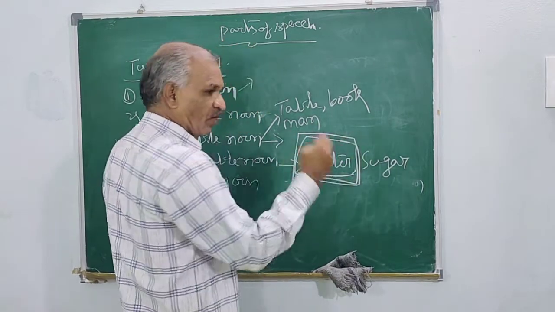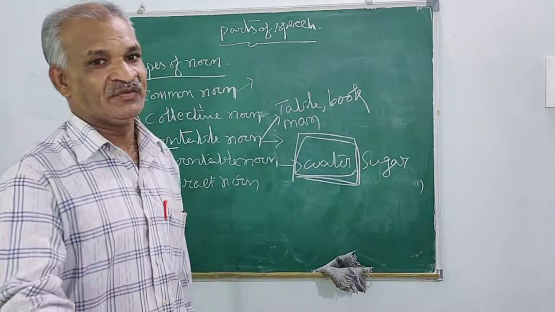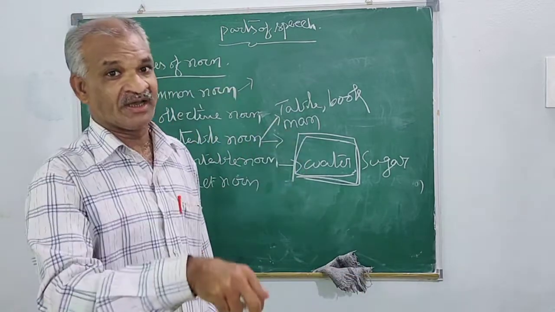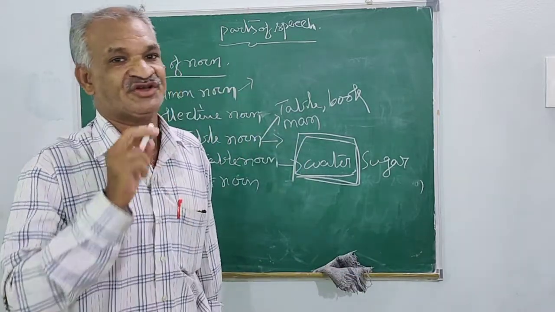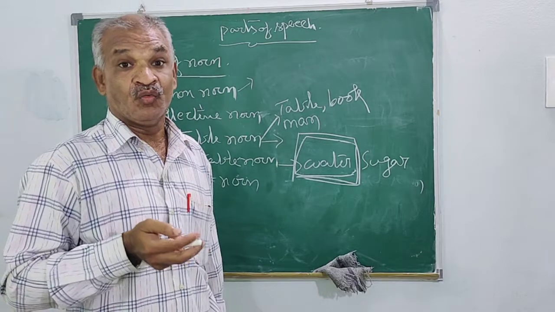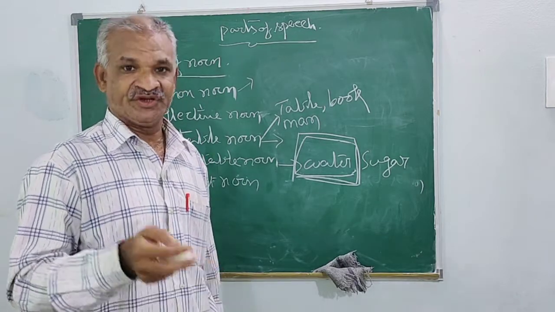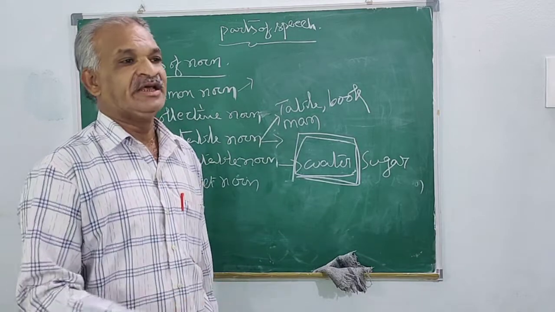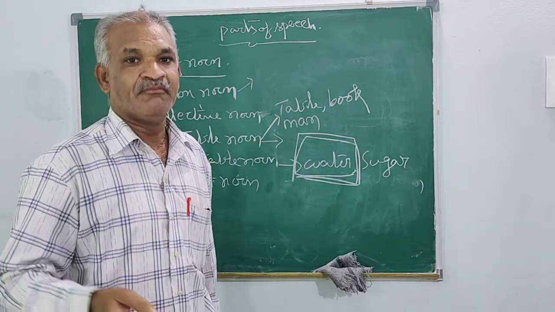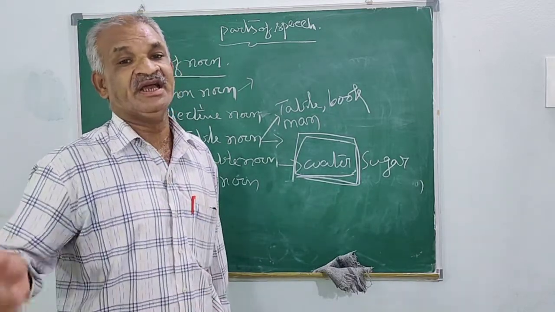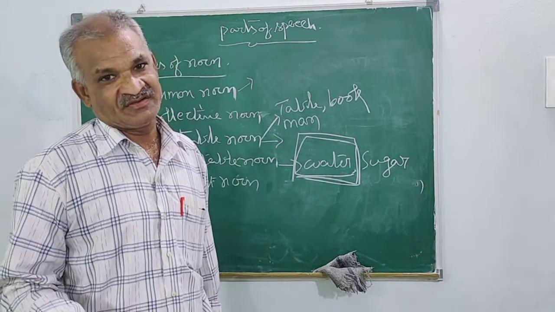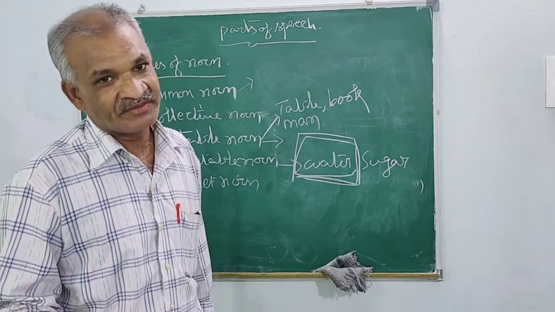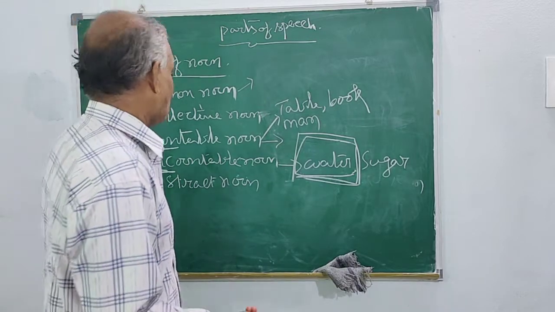Suppose there is a glass of water, we have to say glass of water, not waters. Even if there is a bucket of water, water. Even if there is an ocean of water, we have to say water only, because it is an uncountable noun.